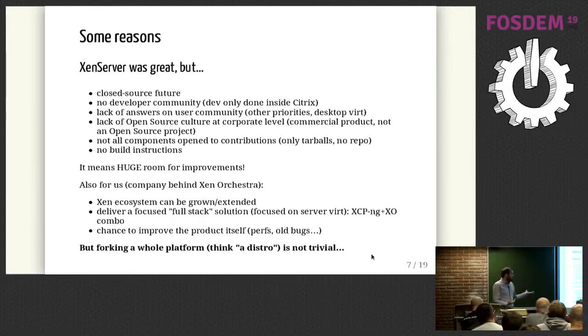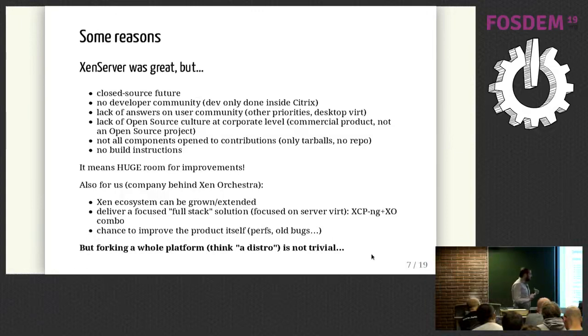Also, not all components were open to contribution. When you release, it's GPL compliant, you release the tarball, but you don't have the master branch. So it's really hard to contribute from some project inside it. So we saw a great opportunity to open everything and to allow people to work on that and to improve the project.